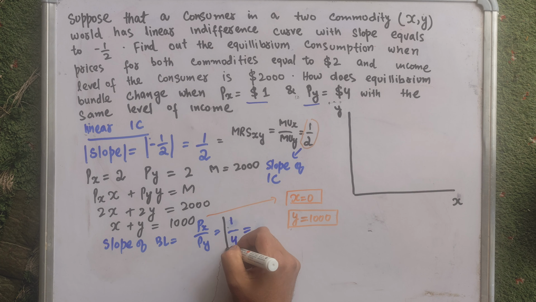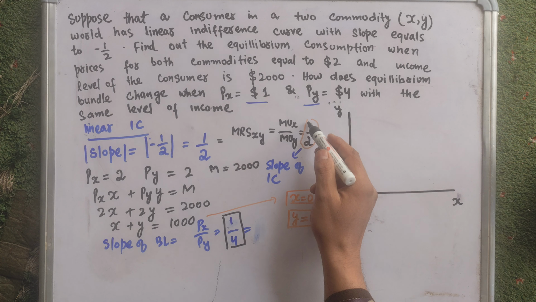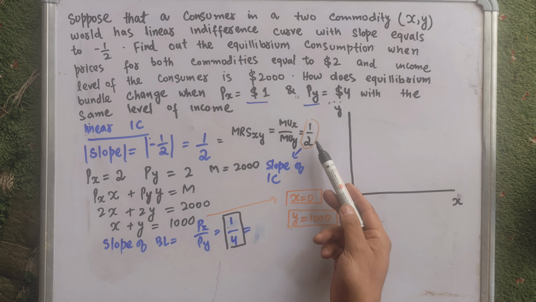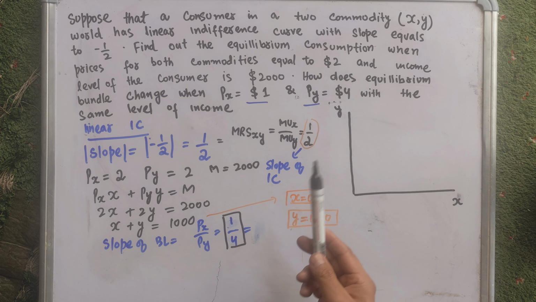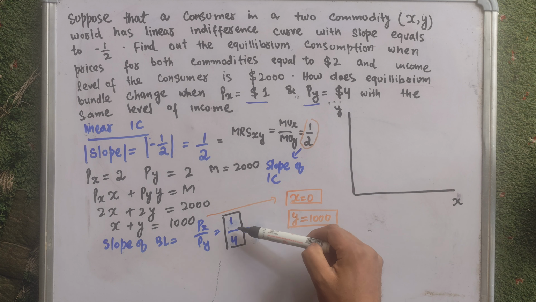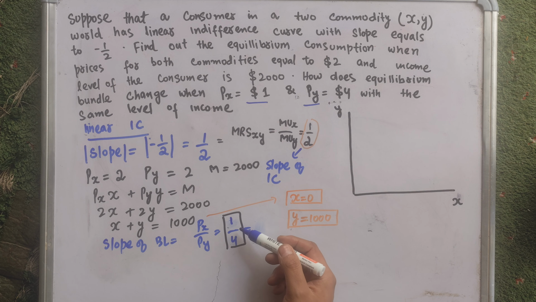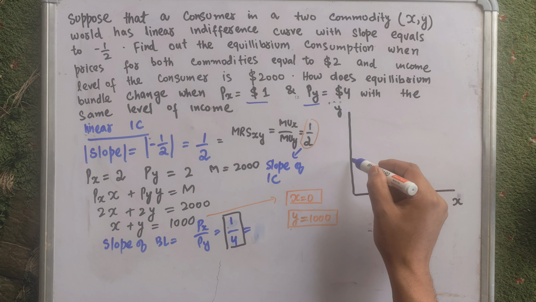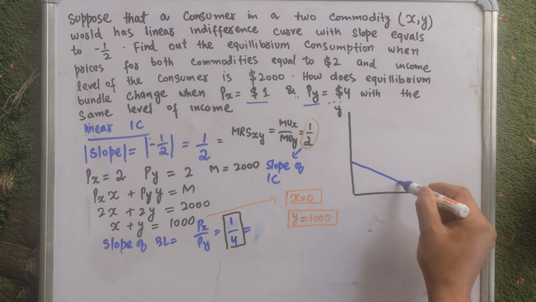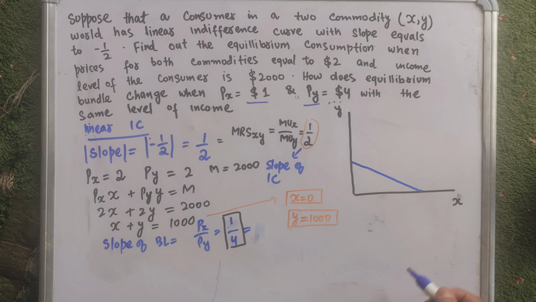Now let us draw this budget line first and compare it with the slope of the indifference curve. Here you can see the steeper among the budget line and the indifference curve is obviously the indifference curve. So the budget line is comparatively flatter. Let us draw the budget line this time. Say this is our budget line. This time the indifference curve is steeper.